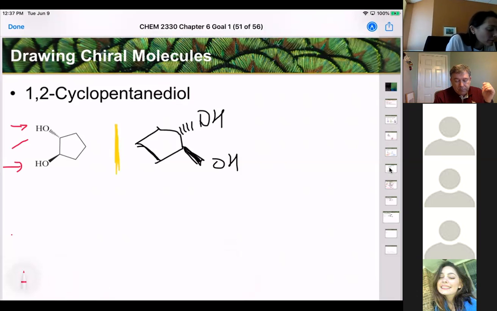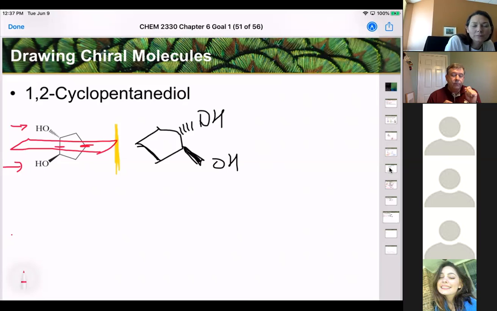So let's imagine putting a plane of symmetry here, cutting through this atom and cutting through this bond right here. If we did this, this OH is sticking out, and therefore its mirror image would be sticking out.